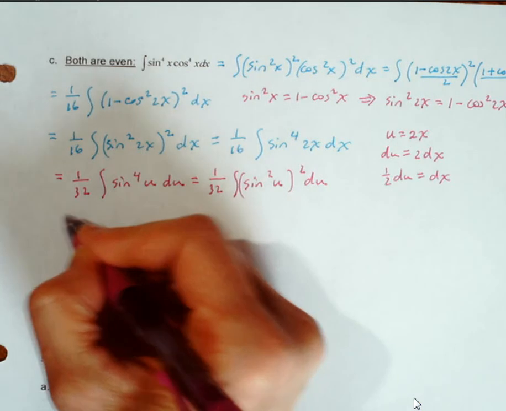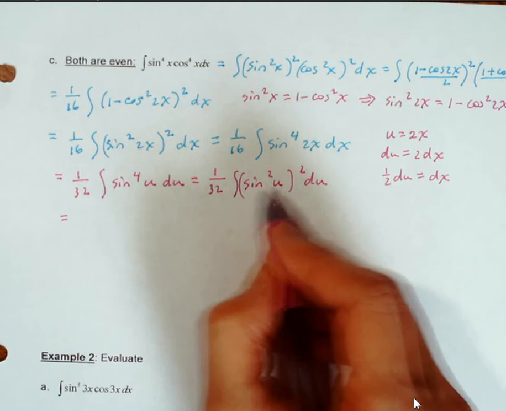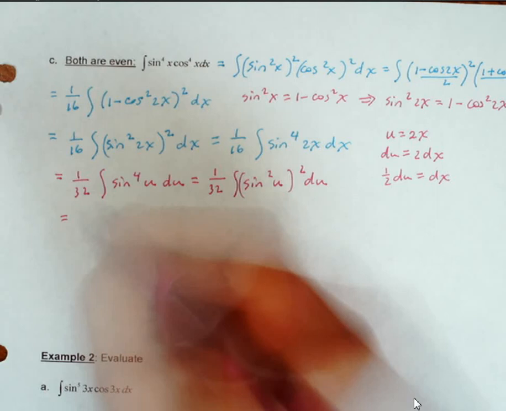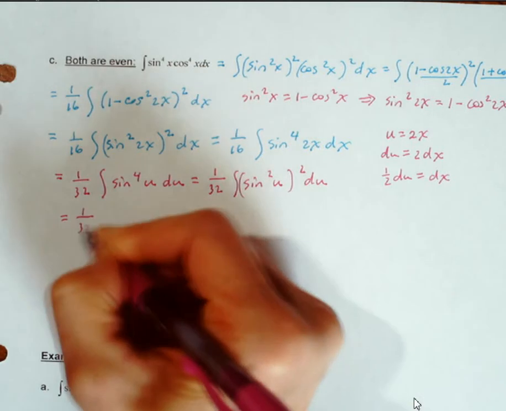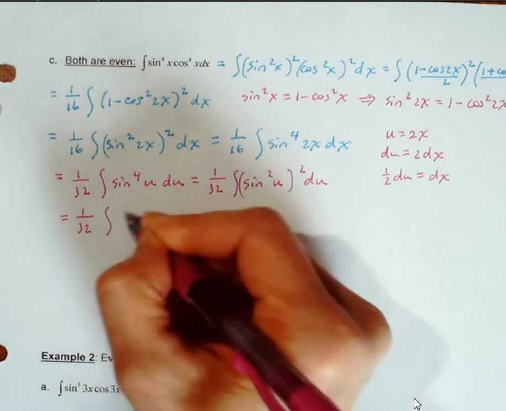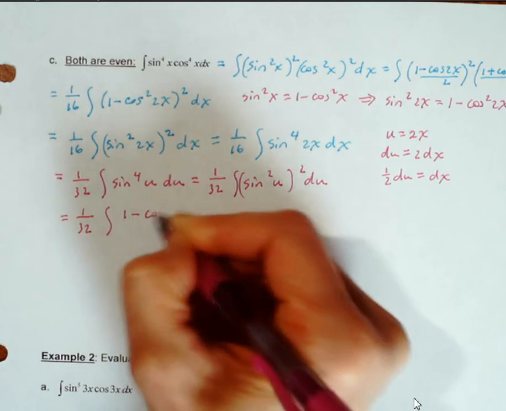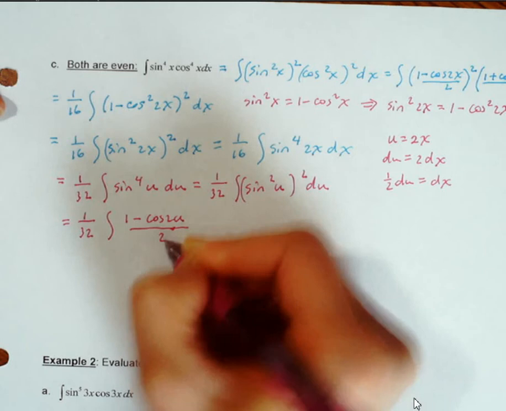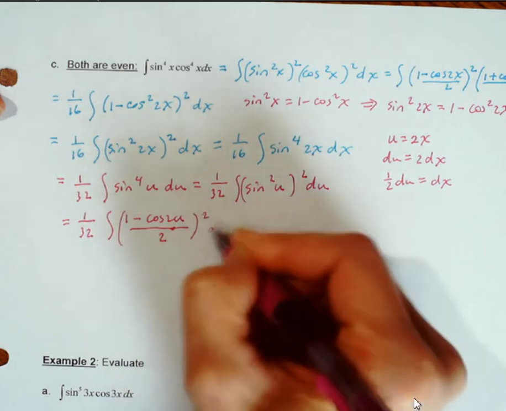Now I'm going to apply the cosine double angle formula on this again, which will give me 1 over 32 times the integral of 1 minus cosine of 2u divided by 2, and that's squared, du.